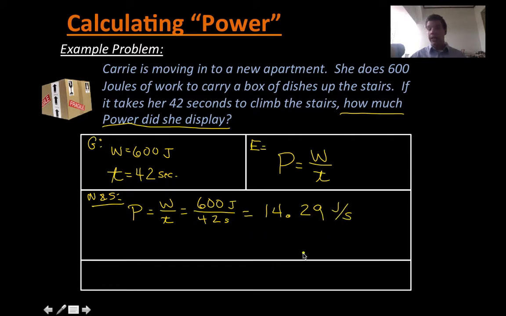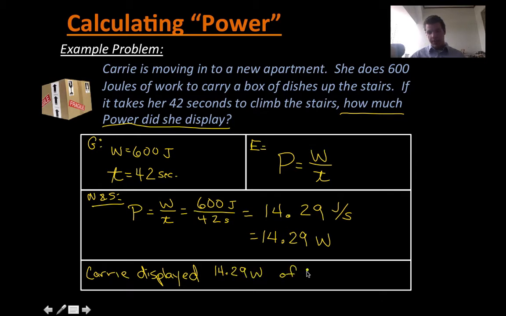And then we know that in the end we can call that 14.29 watts. So we go to answer our question, Carrie displayed 14.29 watts of power.